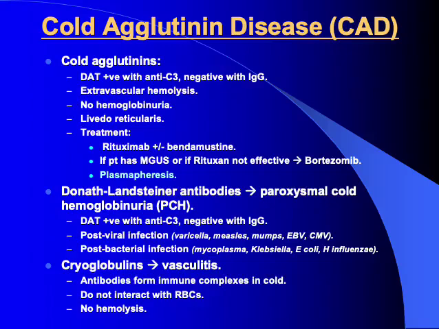So keep them warm. Paroxysmal cold hemoglobinuria, and then cryoglobulin, which doesn't cause hemolysis, it causes vasculitis. But remember, cold agglutinin disease, keep the patient warm.